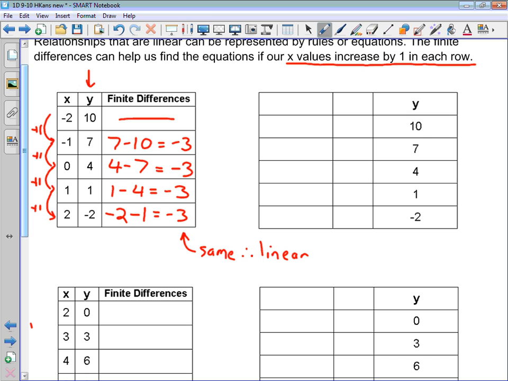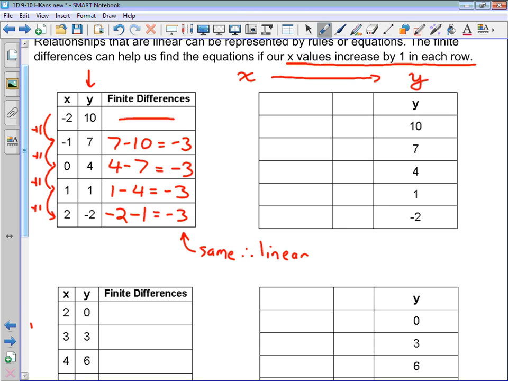Okay? What we want to do is come up with some rule that is going to allow us to take some x value and turn it into a y value. We're going to do a series of operations to our x, and it's going to give us the number that we have in y.